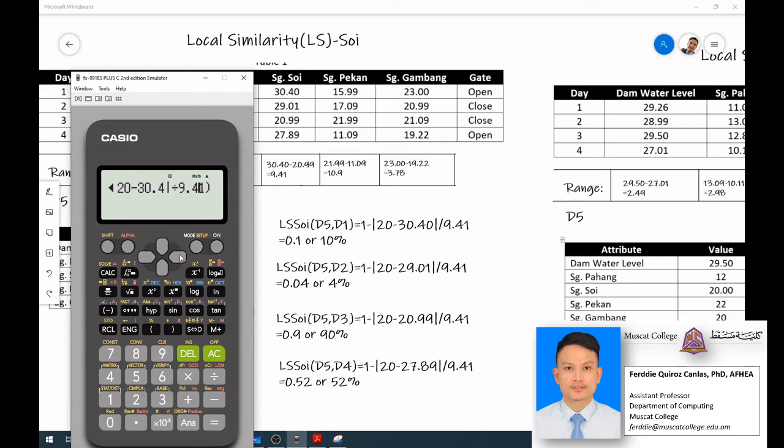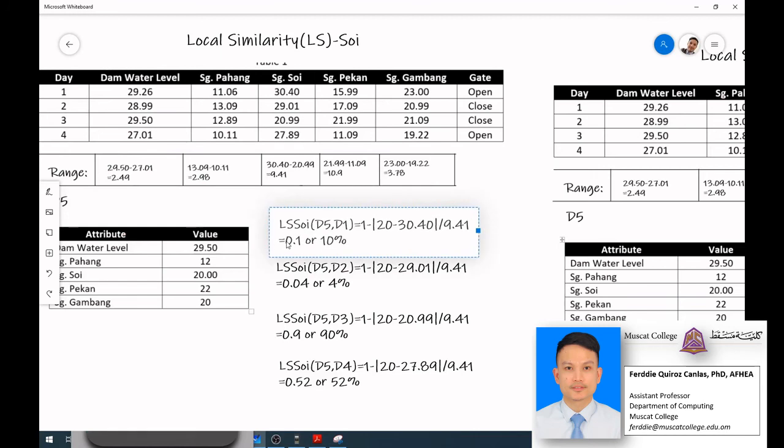I get the same answer, but I chose only 0.1. So the answer should be negative 0.105, right? You have to write this negative, taking 3 decimal points, 105, or equivalent to negative 10.5%. How about the second one?